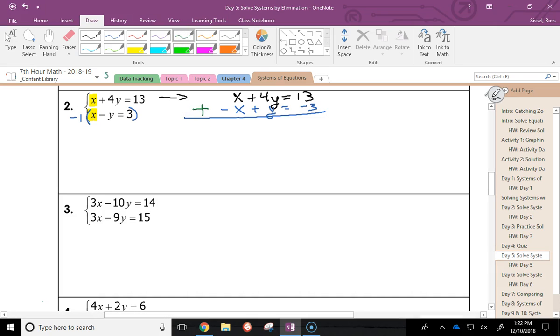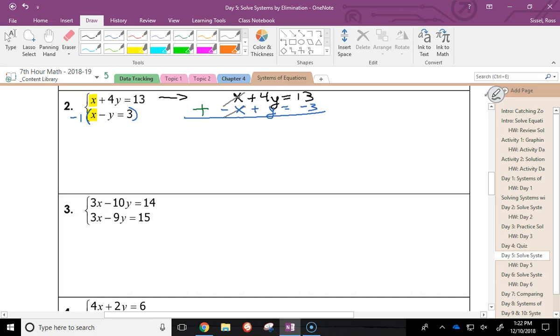And now because my 1x and 1x are opposite, one's positive, one's negative, I can add my two equations. This one becomes very simple. X minus x. Well, I know that's just 0, so they cancel each other out. 4y plus 1y.